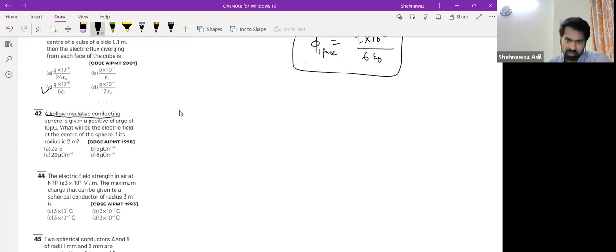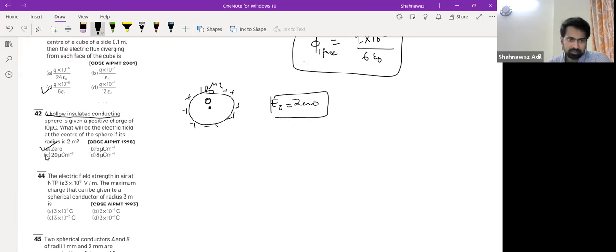We have this conducting sphere with 10 microcoulomb charge, and we have to find the electric field at the center. What would it be, Aisha? Zero. Right.